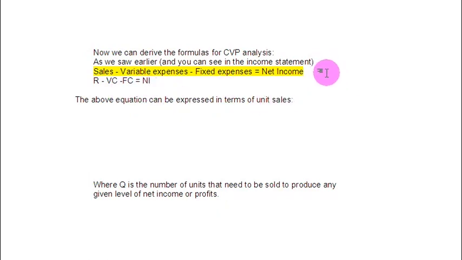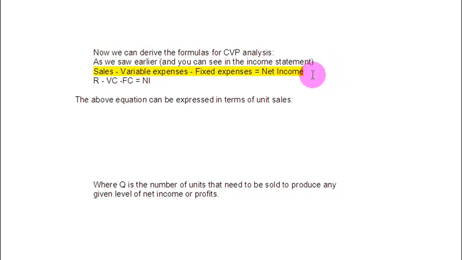I just highlighted this line, and it really is nothing more than an income statement. Very, very basic. Sales minus variable expenses minus fixed expenses equals net income. Okay, so it's identical to what we just built for the banana cream pie example. The only difference is I'm now spreading it out horizontally instead of vertically.